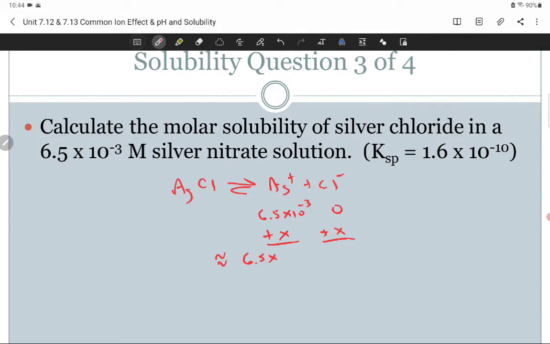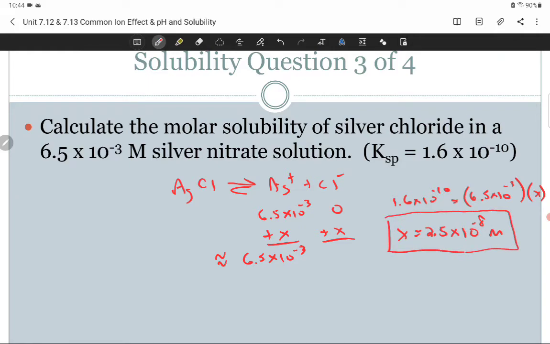And very likely, it's going to be about 6.5 times 10 to the negative third when you add this very small x value. So 1.6 times 10 to the negative 10th for the KSP equals 6.5 times 10 to the negative third times x. And there's our molar solubility.